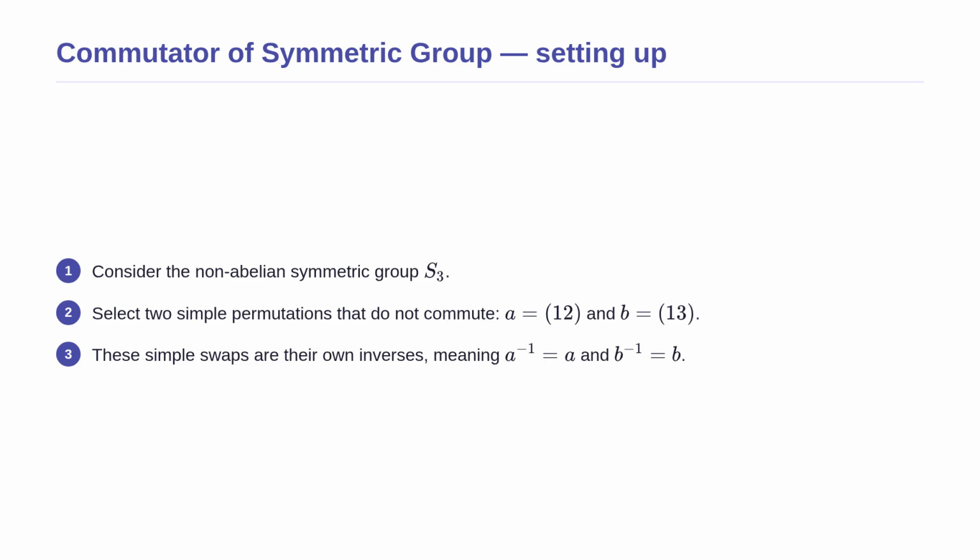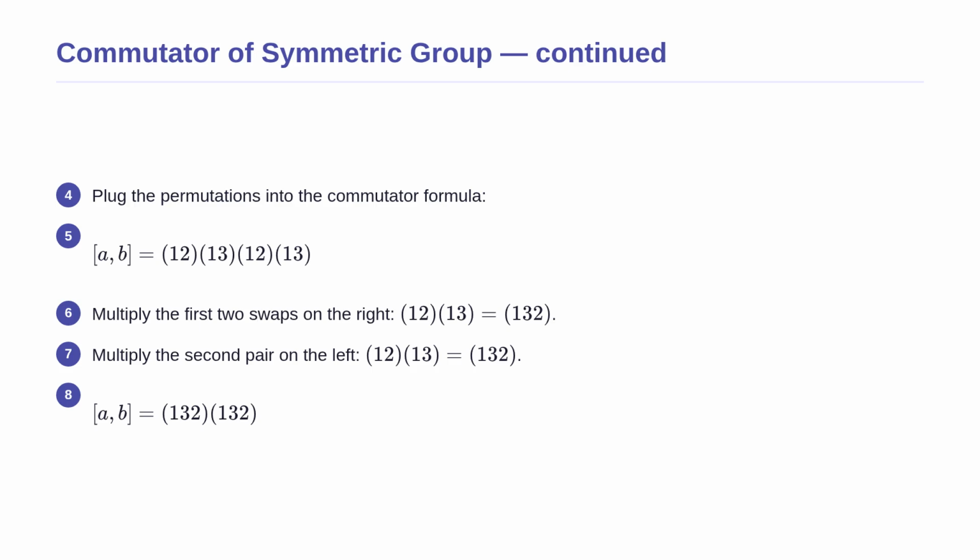Because these are simple 2-element swaps, they are their own inverses. Let us plug our chosen permutations into the standard commutator formula. Since each element is its own inverse, the formula simplifies to repeating the 2 elements twice in alternating order.